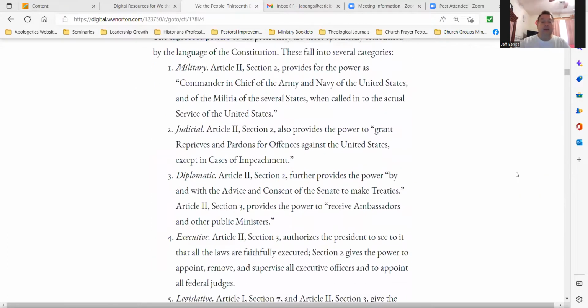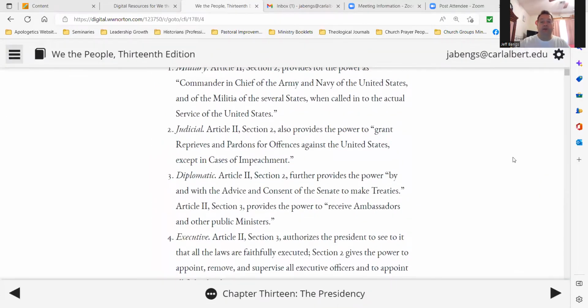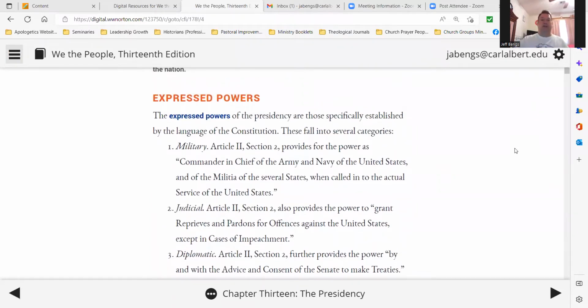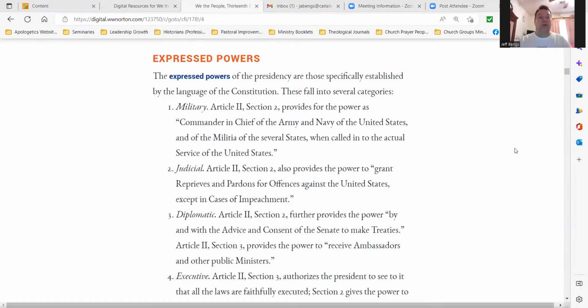Okay, let's look at these express powers that are clearly spelled out in the Constitution. These 5 categories. When it comes to our nation's military or armed forces, the president is the commander-in-chief.